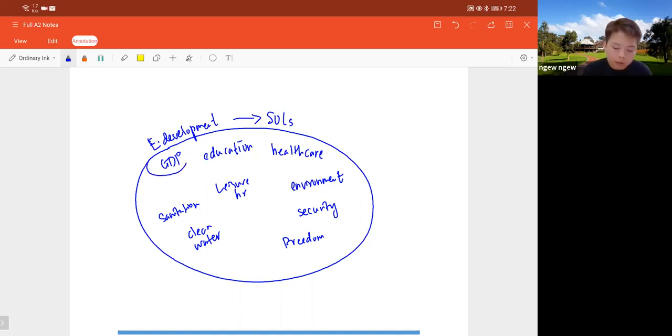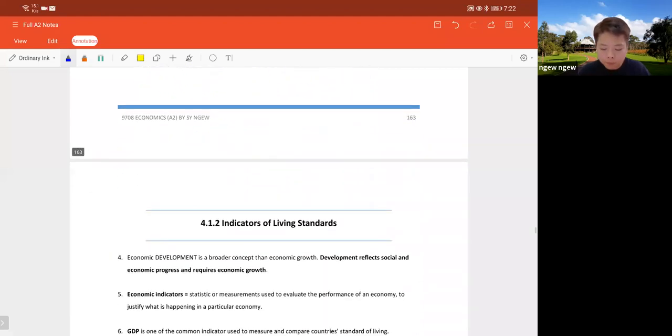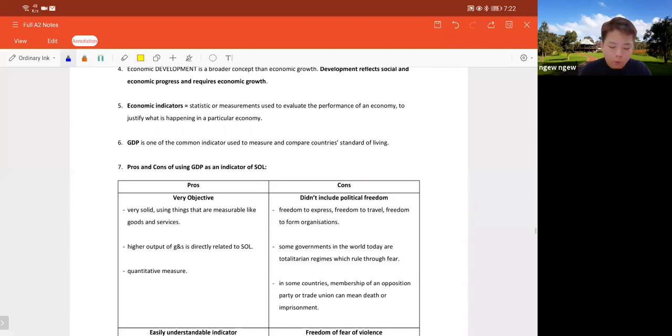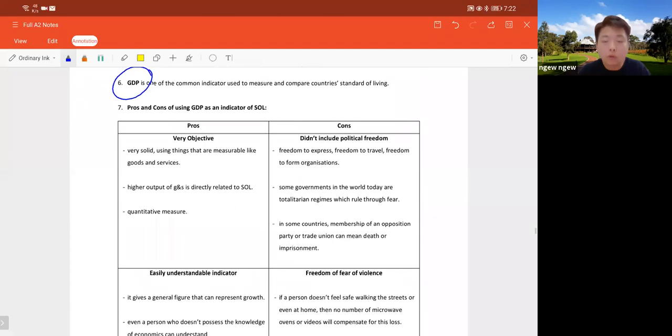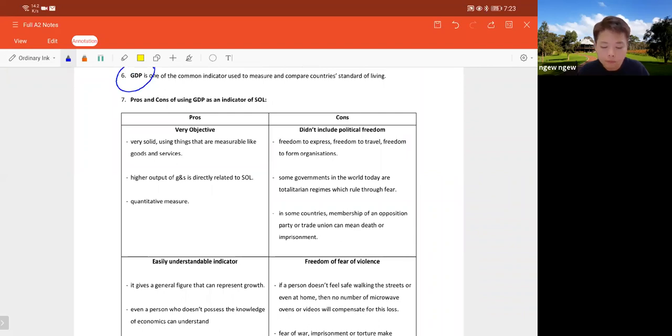But still, GDP is considered one of the most widely used and popular indicators for standard of living. And therefore, when we are asked why GDP is considered the most common indicator for standard of living, we need to talk about the pros and cons of using GDP as an indicator.